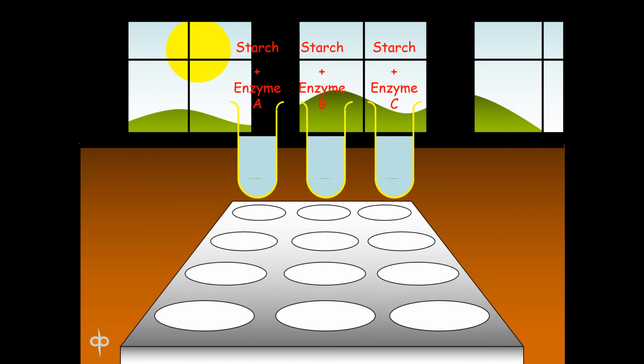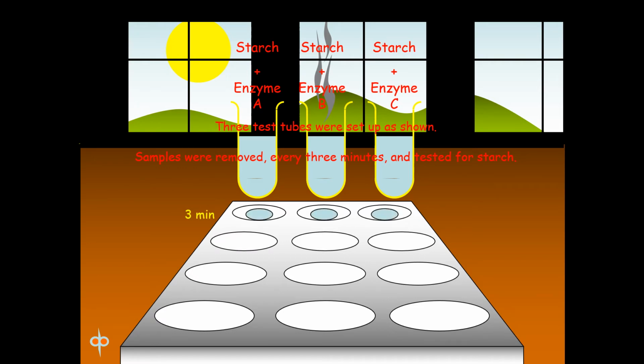So here we've got the experiment. So you've got starch in enzyme A in column A, and you've got starch in enzyme B in column B, and you've got starch in enzyme C in column C. So we're going to add a drop. So 3 test tubes were set up as shown above, and then samples were removed every 3 minutes and tested for starch.